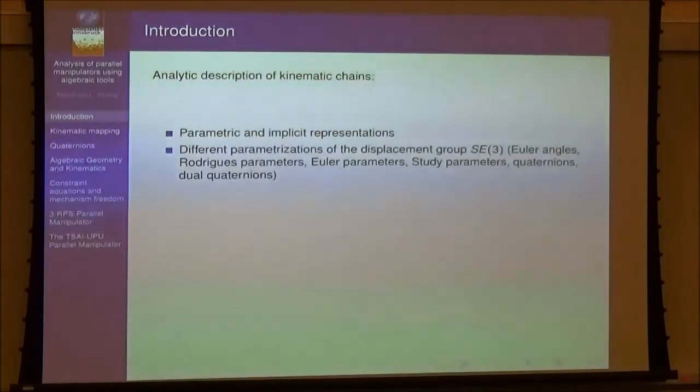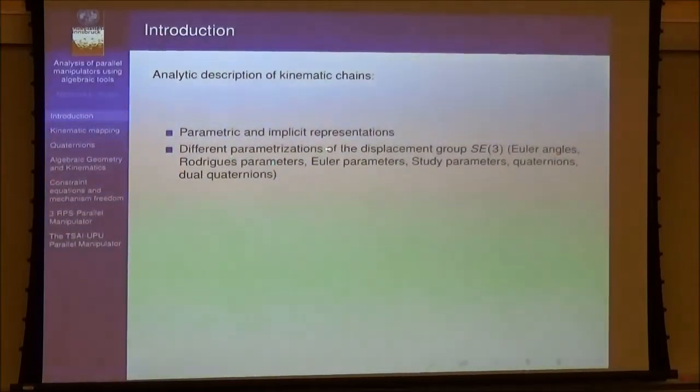You have to be aware that we have different parametrizations of the displacement groups. Many of you have been working maybe with Euler angles, maybe with Rodriguez parameters, Euler parameters, the so-called Study parameters, or quaternions and dual quaternions. These are parametrizations of the displacement groups.